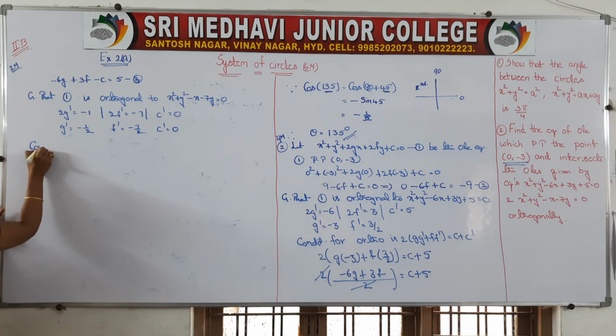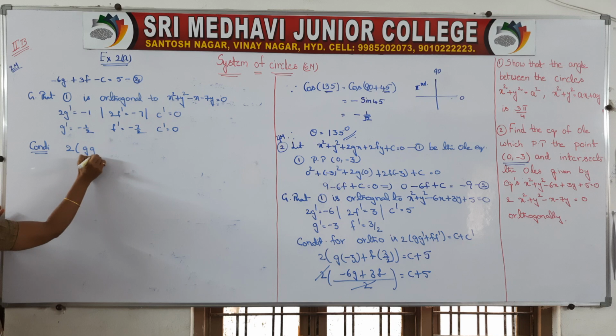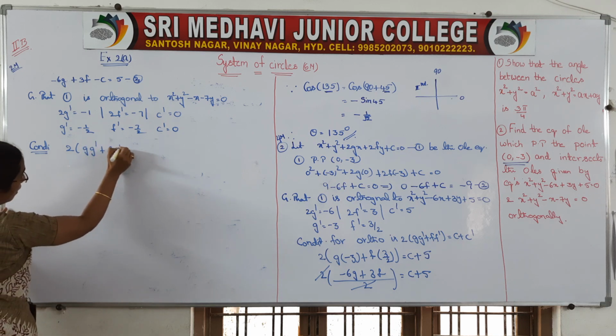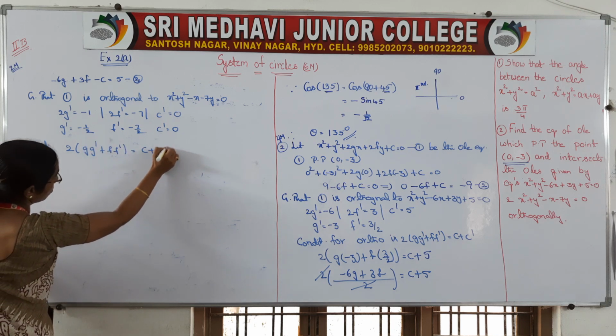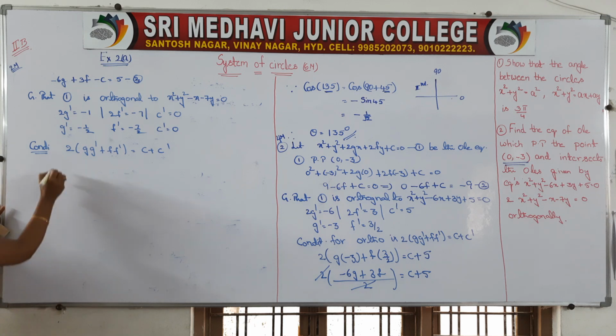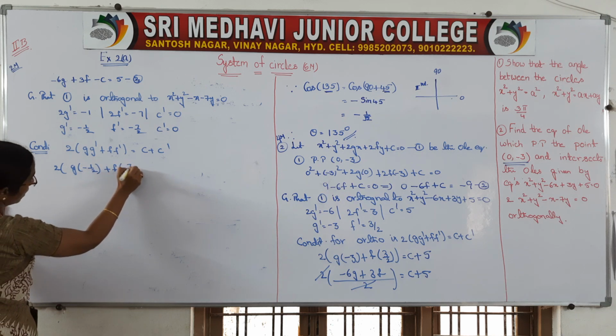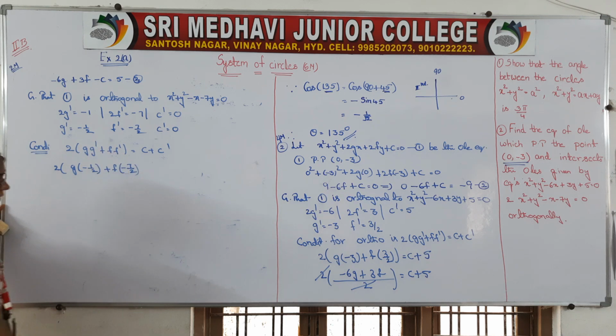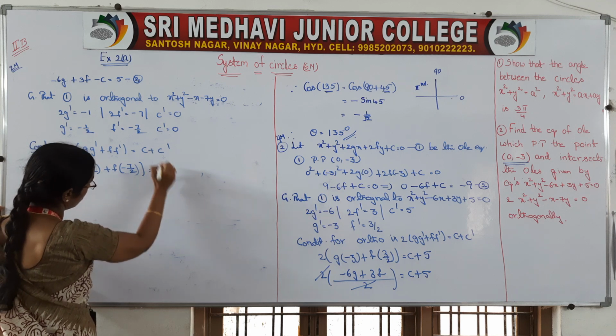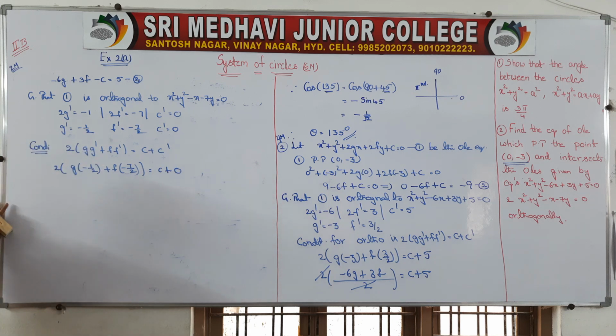What is the condition? The condition is 2 into gg dash plus ff dash is equal to c plus c dash. 2 into g dash minus 1 by 2, f dash is minus 7 by 2, is equal to c plus 0.